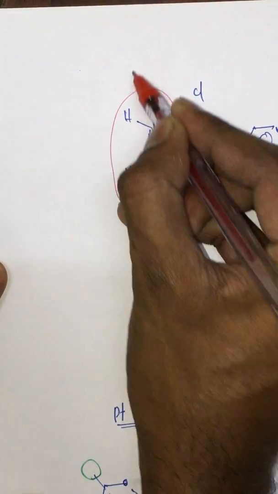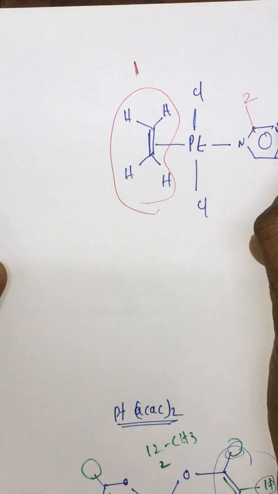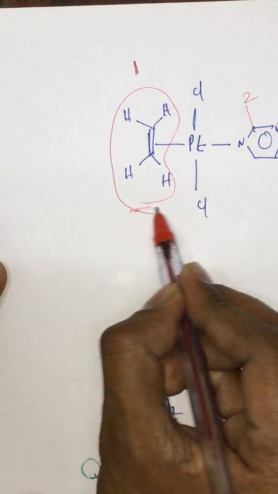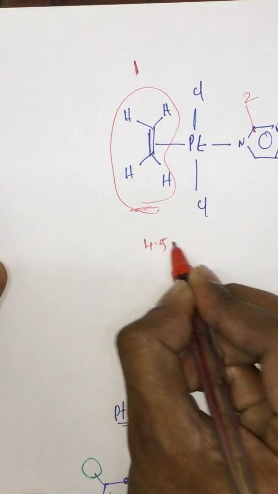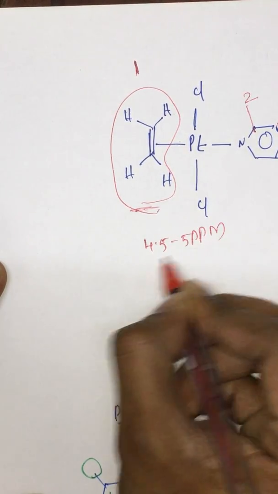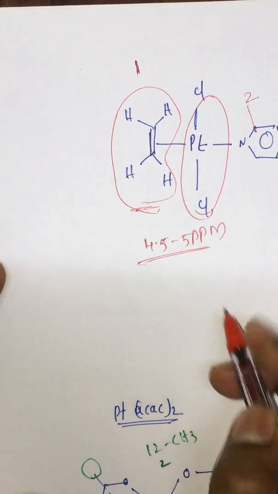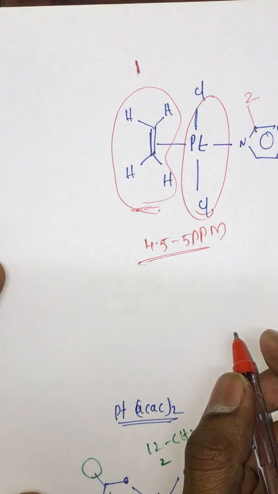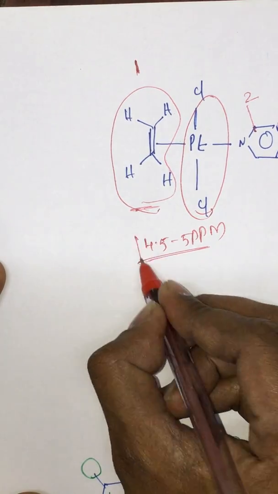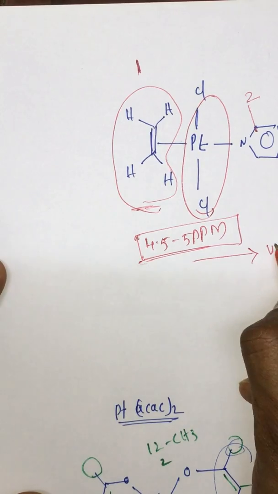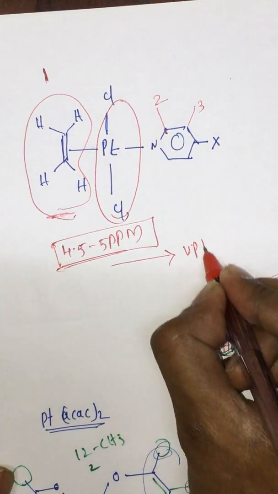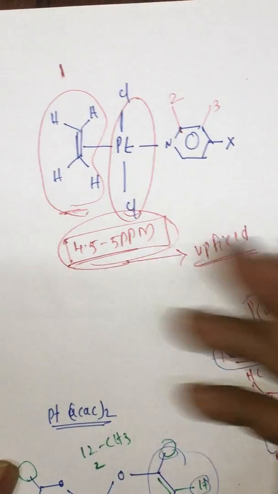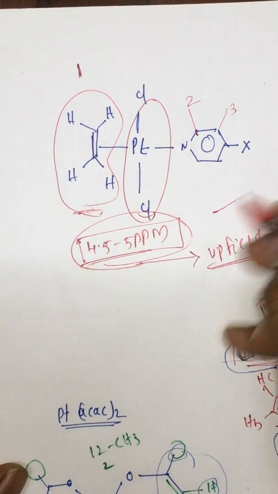Here we will get one line, this is second, and this is third. So we will get a 3-line signal here. If you see this one, ethylene generally comes around 4.5 to 5 ppm. But in this case, it is directly attached to the metal, so this chemical shift value will be upfield shifted compared to a normal ethylene molecule. So this is about this complex.